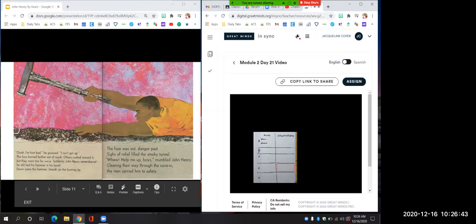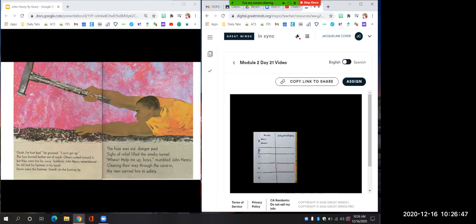Pause here to finish up your illustration and also to use that illustration to help you think about the main event so you can jot down the words that go along with the main event. Just hit play when you're ready to continue.